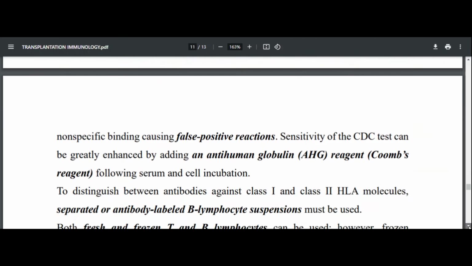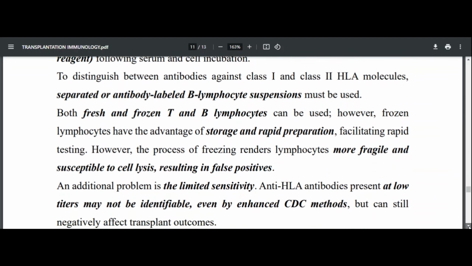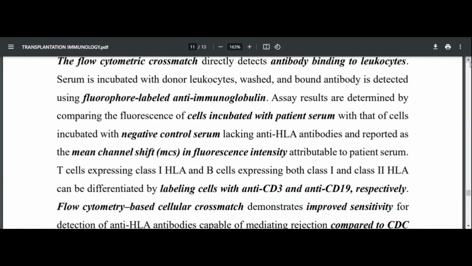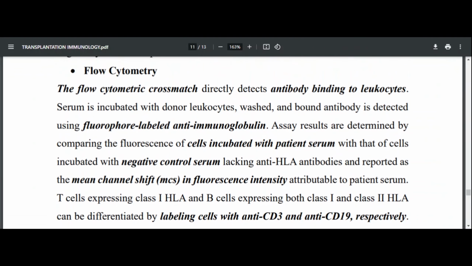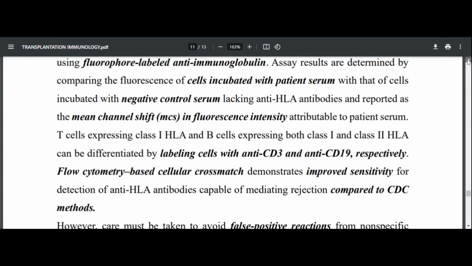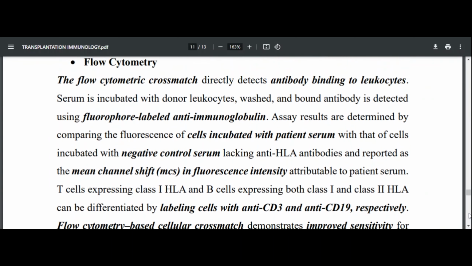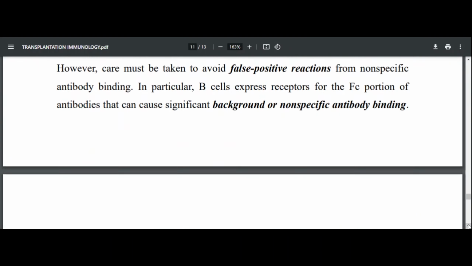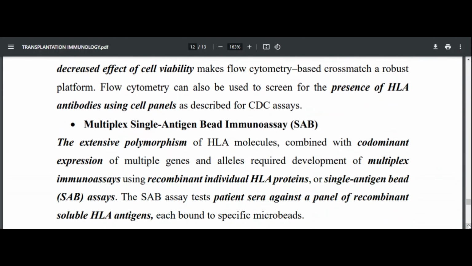So if you want to review it, you can go back to yesterday's topic and read through. Even flow cytometry, we discussed it yesterday. You know how it works, and everything was discussed.